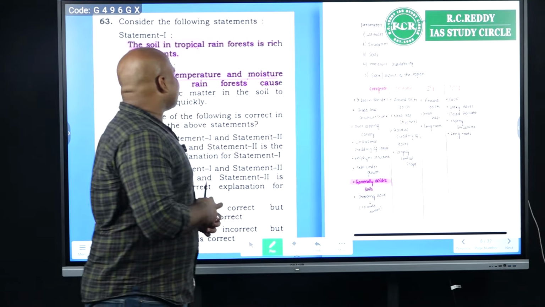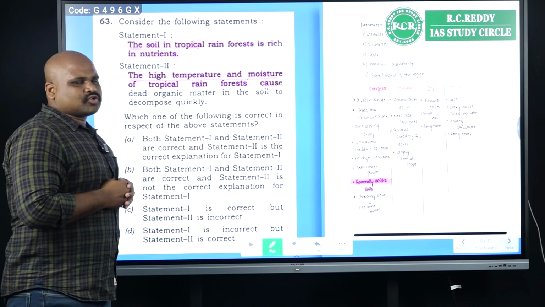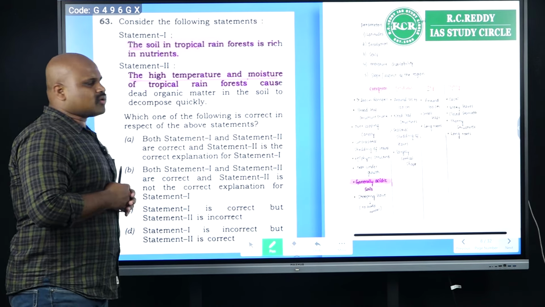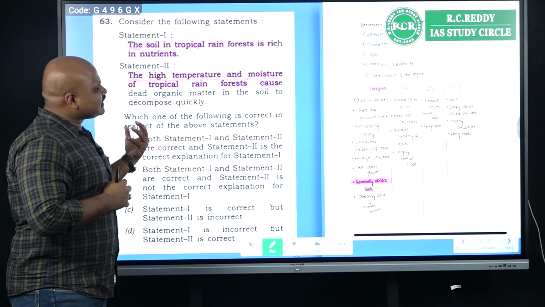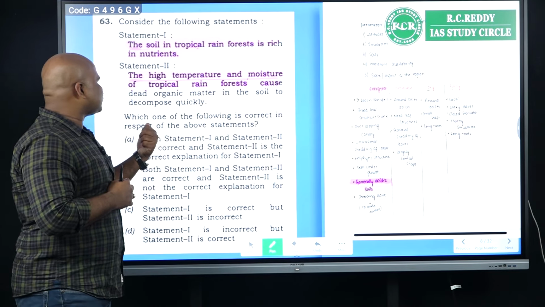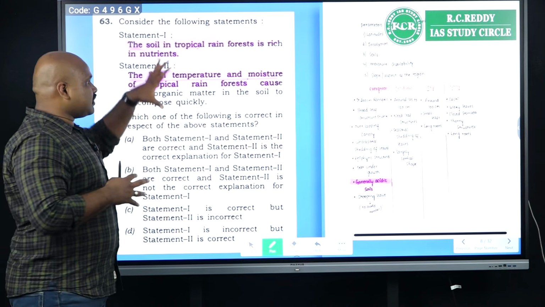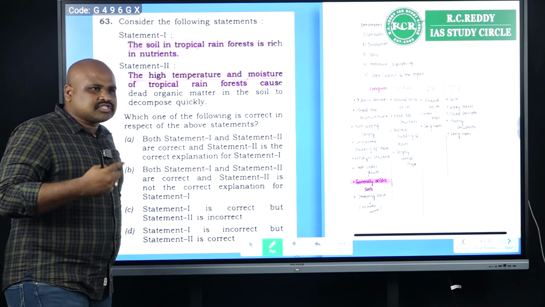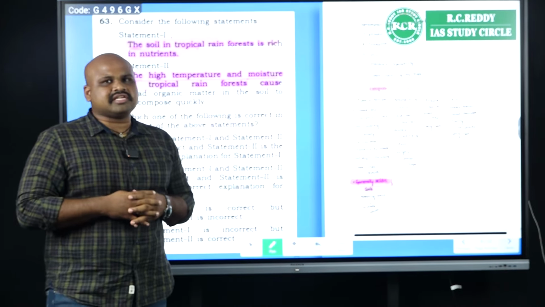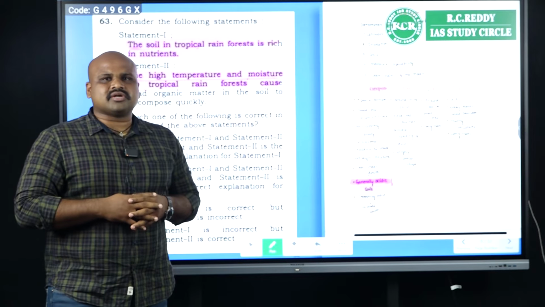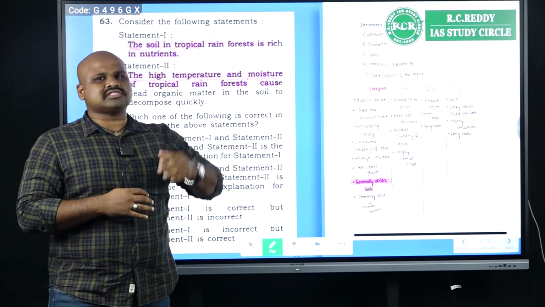Then, coming to some samples of geography, there was one question which talks about the soil in tropical rainforest being rich in nutrients, and the high temperature and moisture of the soil causing dead organic matter in the soil to decompose quickly. When we observe this question in the context of HR 2023, there was one priority list topic given with respect to tropical rainforest. From there also we could learn some points.